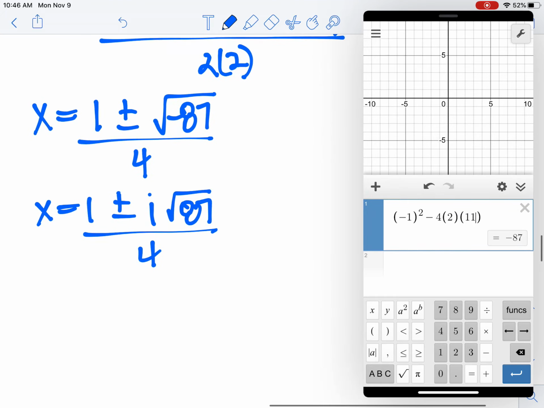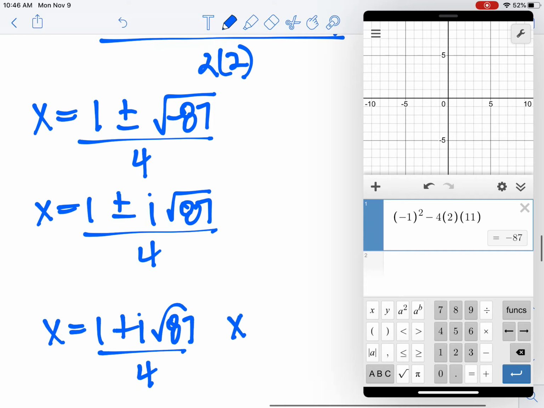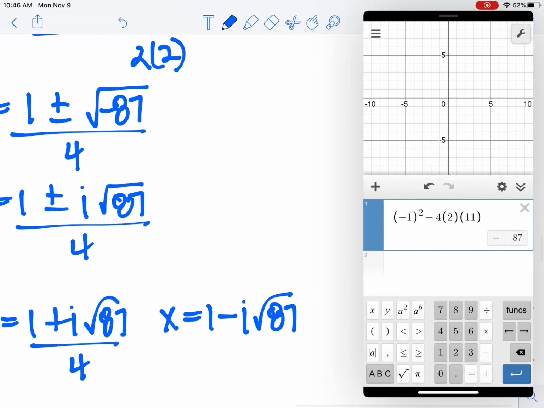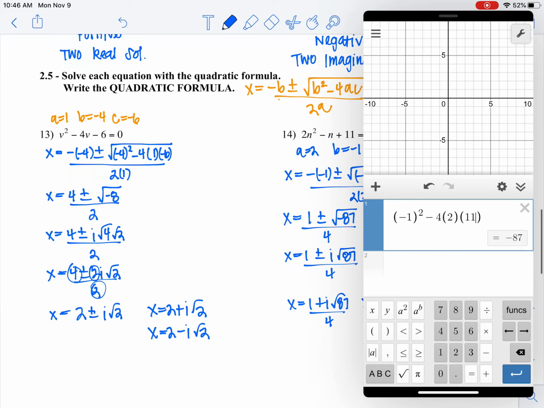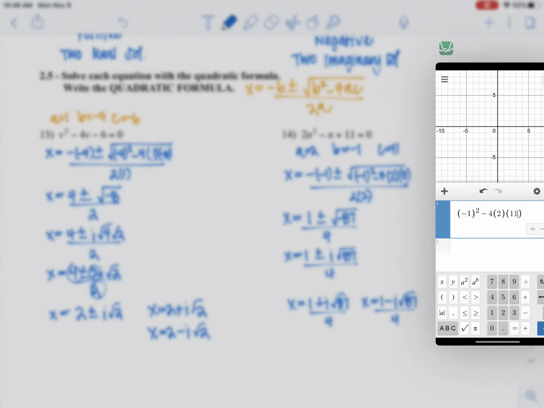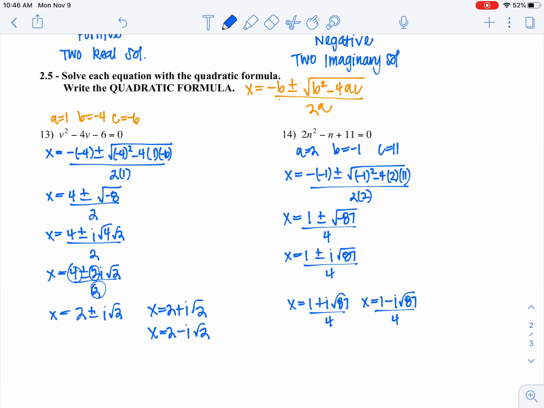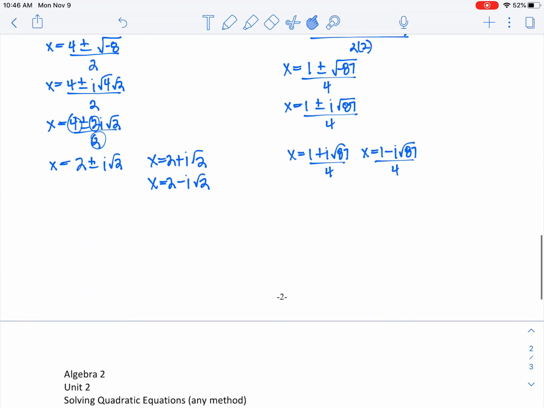So our 2 answers here would be 1 plus i radical 87 over 4 and 1 minus i radical 87 over 4. Okay? There's your quadratic formula.